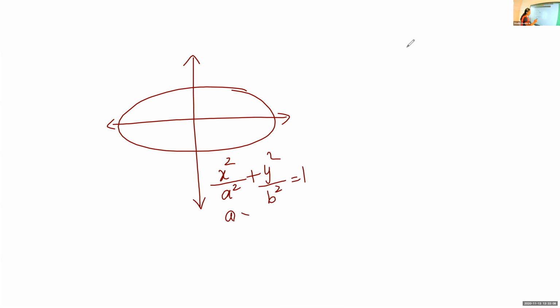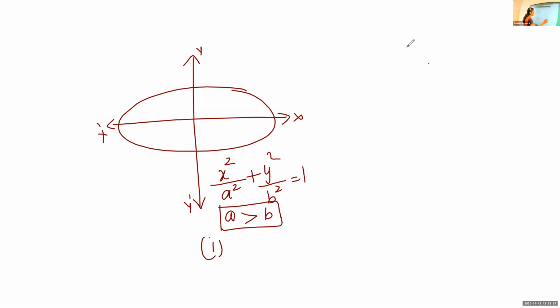This point is very important, children: A must always be greater than b. Here the x-axis is the major axis and the y-axis is the minor axis. This is the first form.